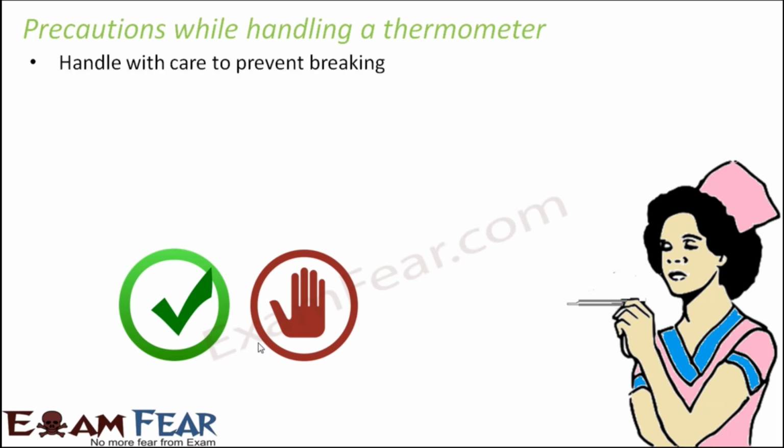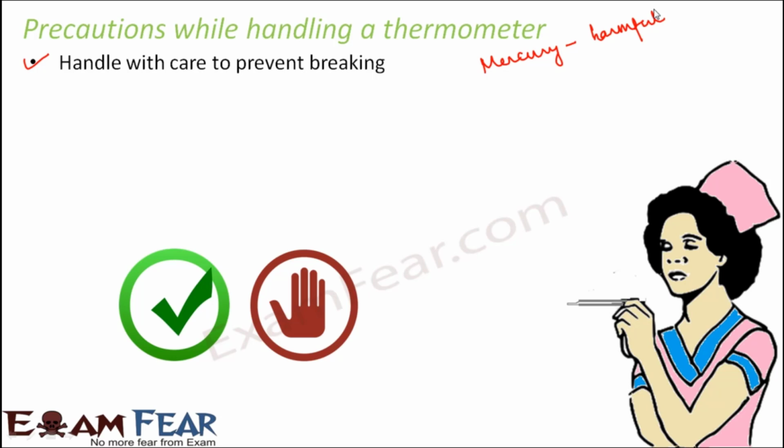But some basic precautions are needed: handle it with care to prevent breaking. That is because this thermometer contains mercury, and mercury is a very harmful substance. It is very poisonous. So if we break the thermometer, the mercury comes out, and then we have to dispose of that mercury. Mercury is one of the important pollutants.